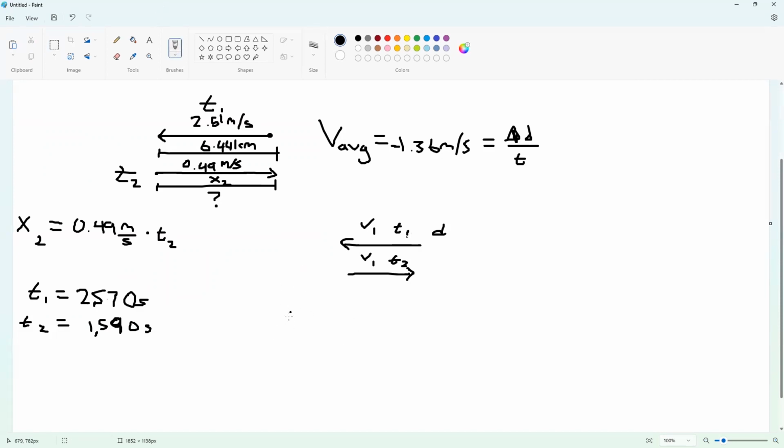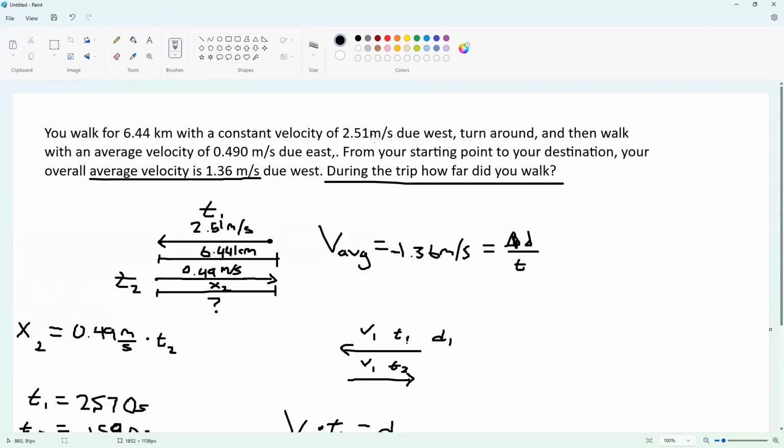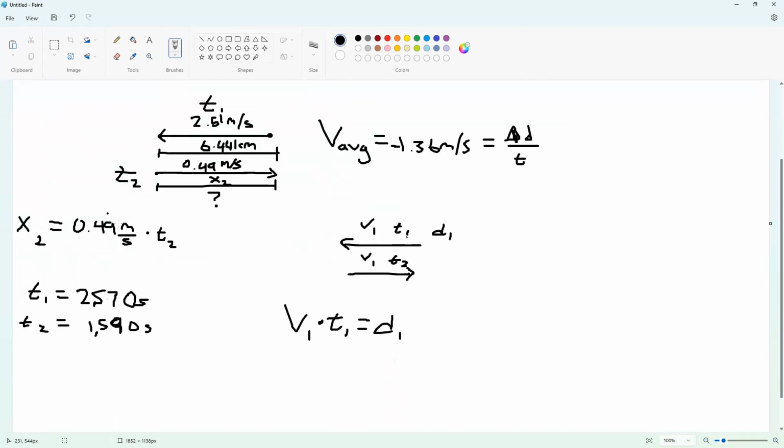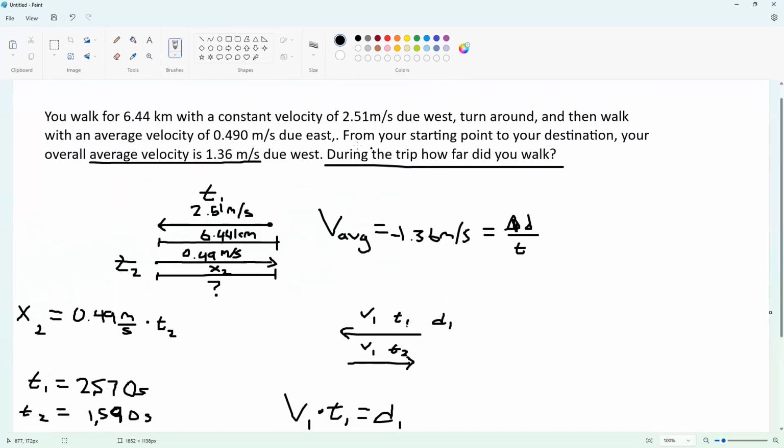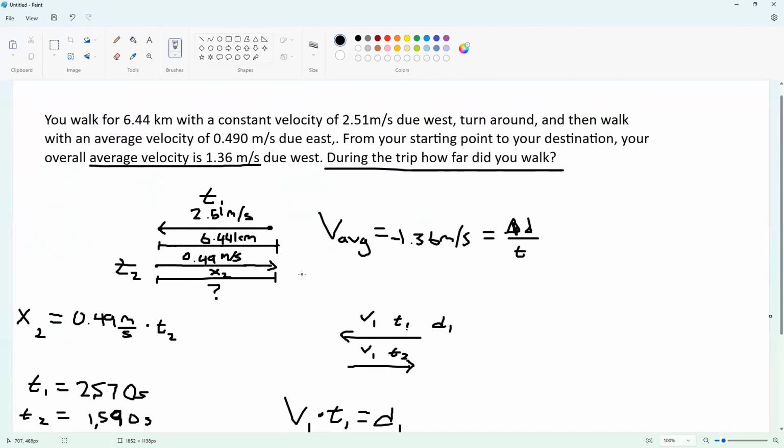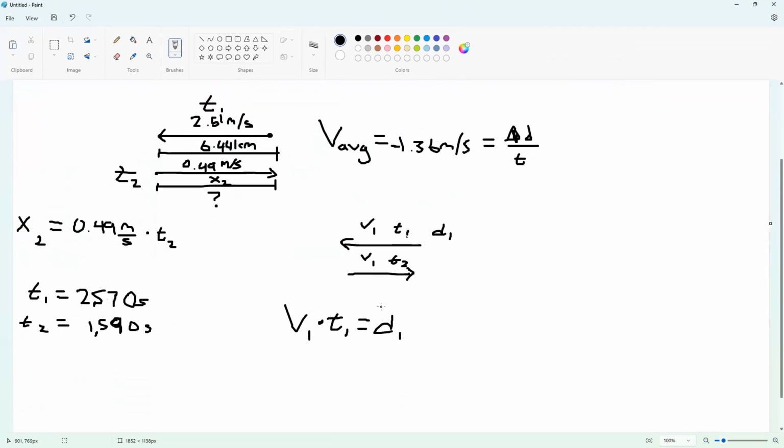So v1 multiplied by t1 is going to give you d1, which we already have. We don't really need that. You're going to take the absolute value of this. The reason why is because this is 2.51 east, and the velocity is negative because of that. So the distance is always positive.